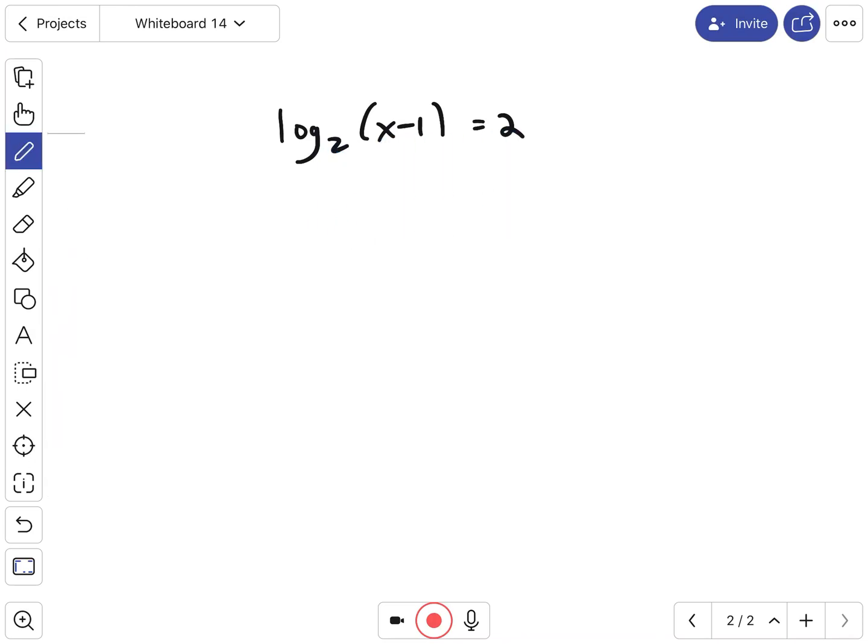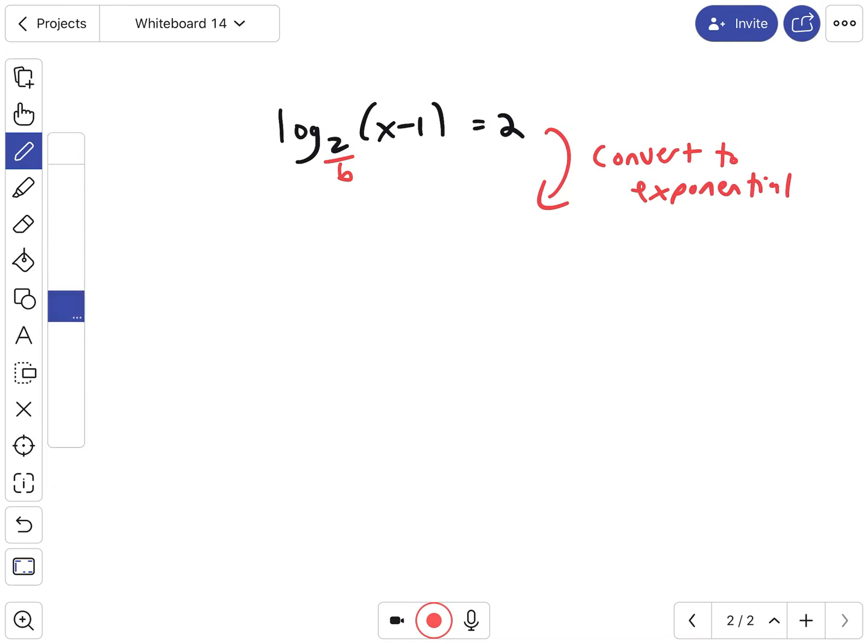What we're going to do is take this and convert it to exponential form. In an exponent, the base is this main number, and then you're going to switch these two. So the 2 is going to be with this 2. I'm going to write that 2 as an exponent, and then the x minus 1 is going to be on the other side.